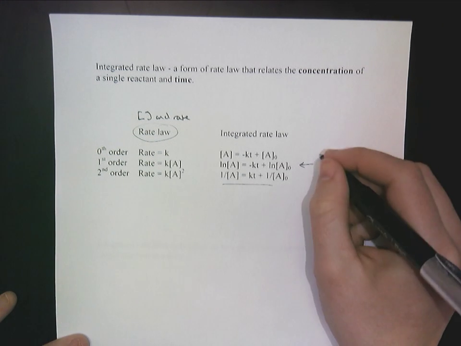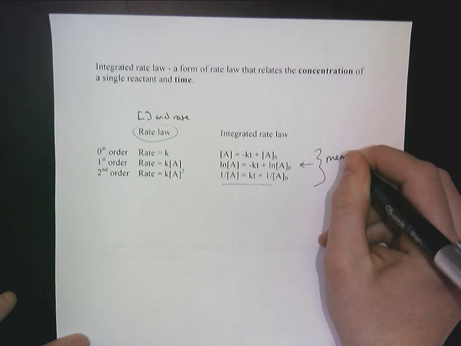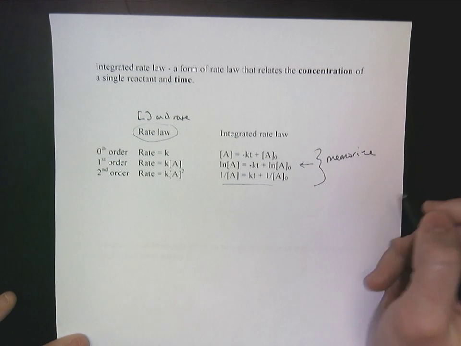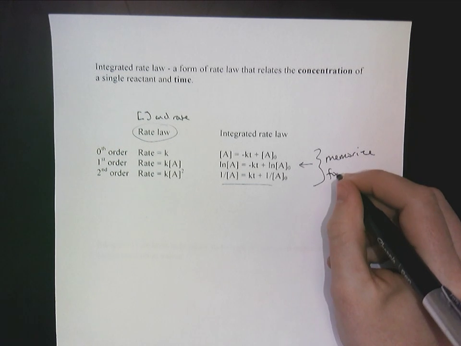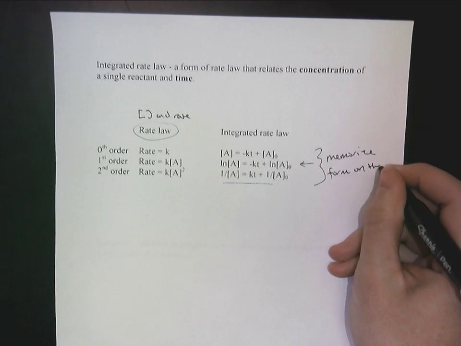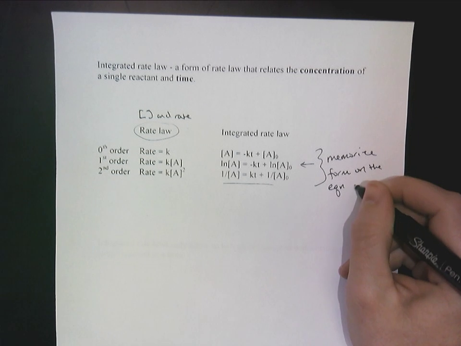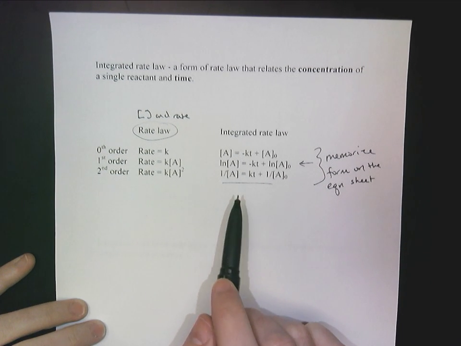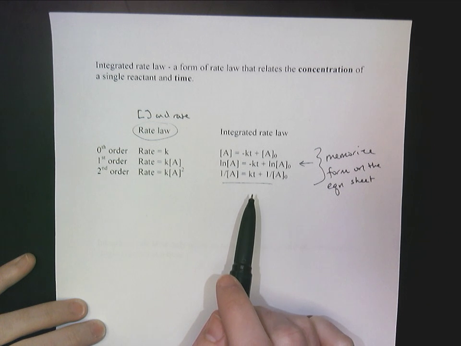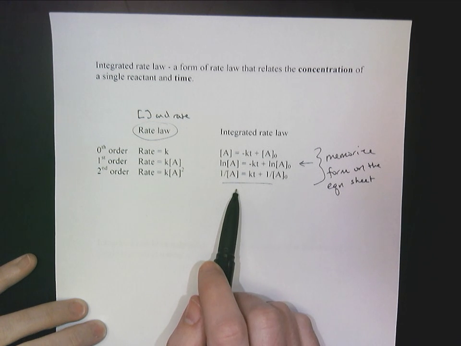You will pretty much just have to memorize these unless you know a little bit of calculus. They have a form on the equation sheet, but I think that this form is a little bit more useful, and it's just 3 equations. I'd be tempted to memorize this.